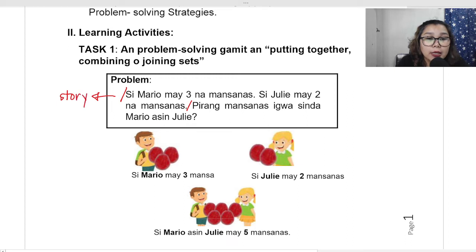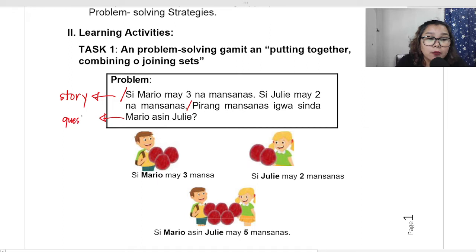And then lastly, there is a question, or a problem that we need to answer. For this one, how many apples do Mario and Julie have? How many apples do they have all together? So this is the question.